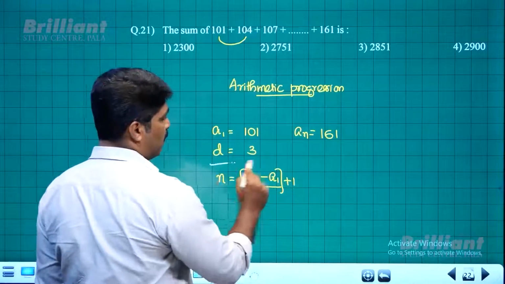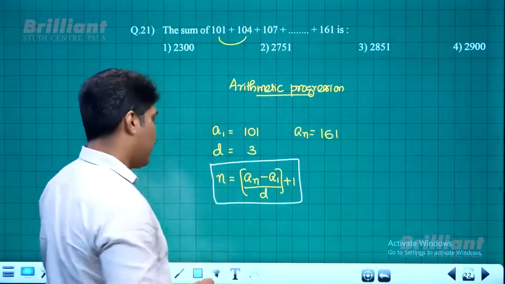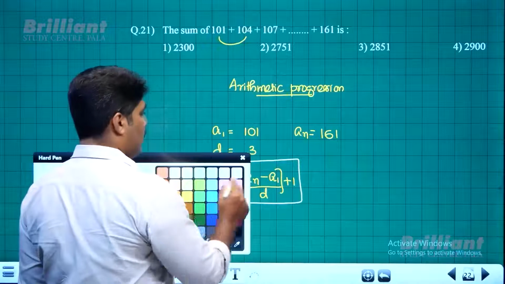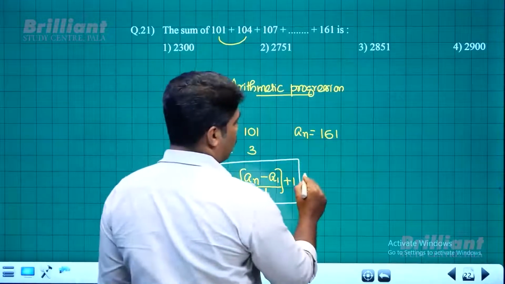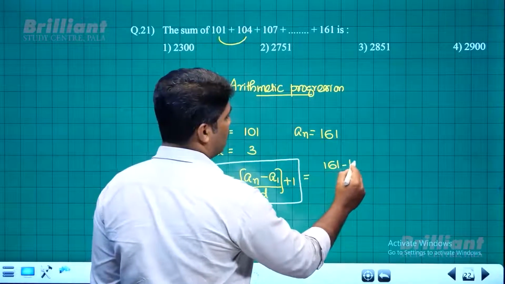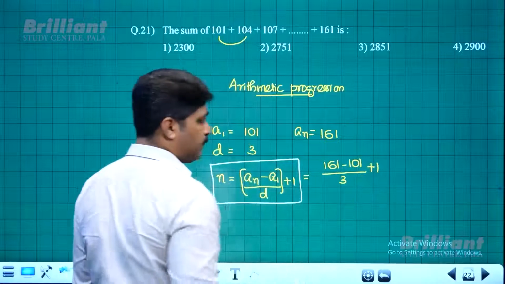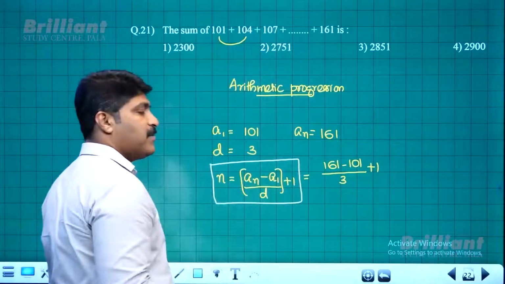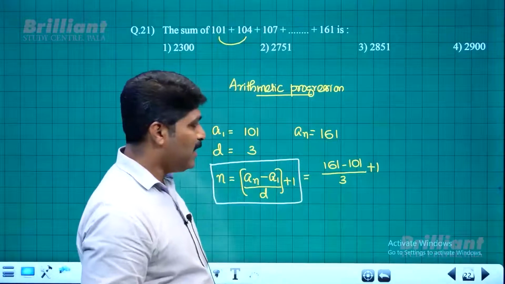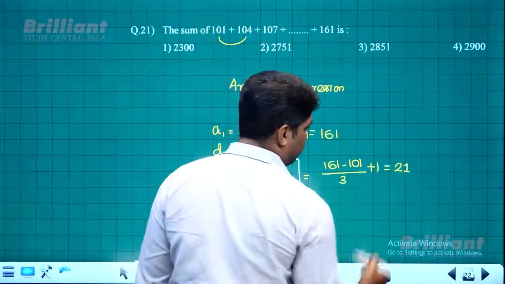Got it? So this way we can find the number of terms. Here, the number of terms is equal to 161 minus 101 divided by 3, plus 1. So 161 minus 101 is equal to 60. 60 by 3 is equal to 20. So 20 plus 1, 21 terms here.